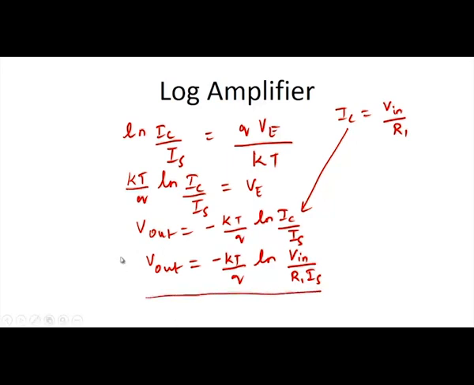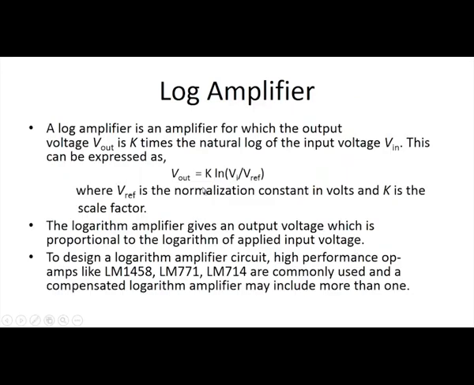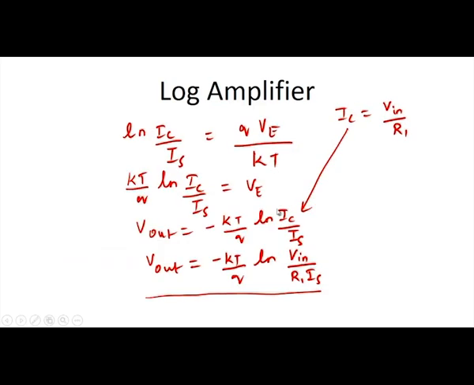Here the output voltage is a constant times the natural logarithm of Vin. If you compare it with the general equation, Vout is equal to a constant term times natural logarithm of Vin by V reference, you can write the multiplication of R1 and IS as V reference, because the resistor as well as the current IS are constant.